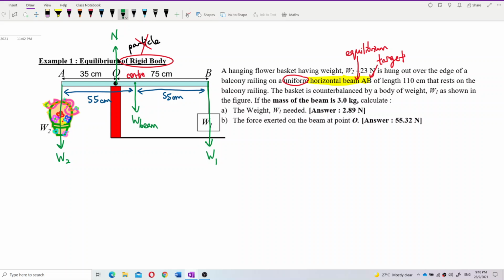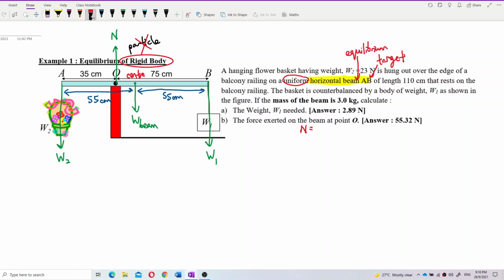There's a normal force here. Understand or not? Normal force at point O. So this is question B. He asked for the force exerted on the beam at point O, which is actually asking for the normal force.